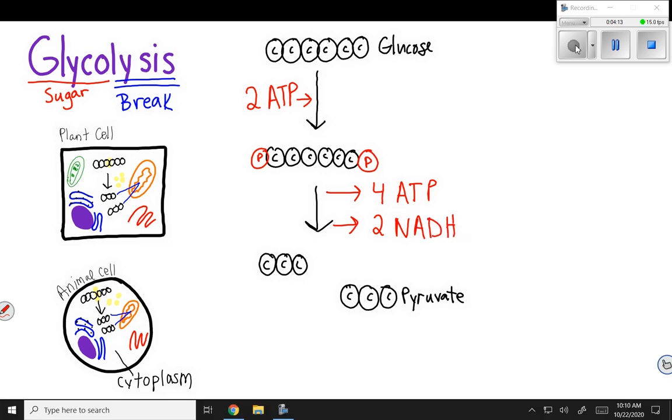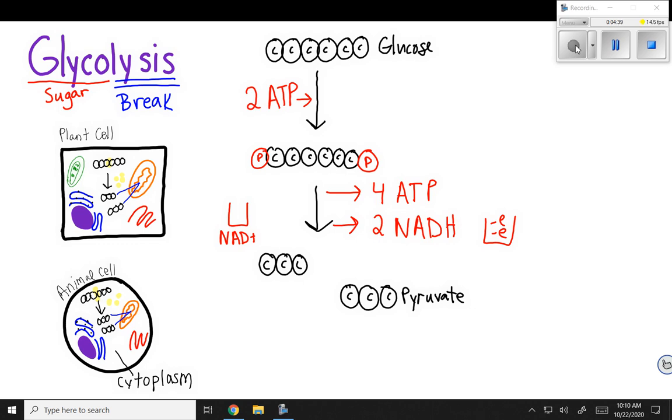So over here, we would have had our empty electron carrier that in this reaction is called NAD+. And then over here, we have our high energy electron carrier coming out, and that's why it gets a name change of NADH. And then we also have the 4 ATP molecules.